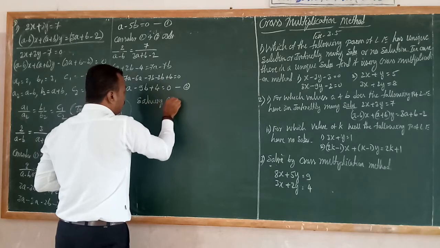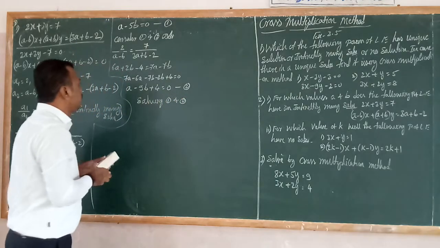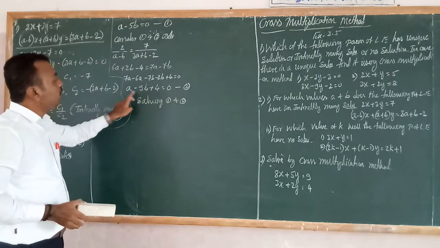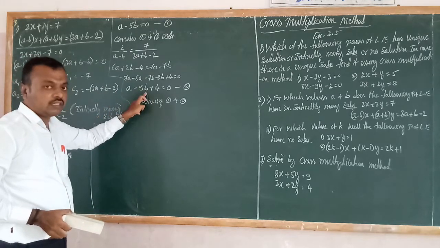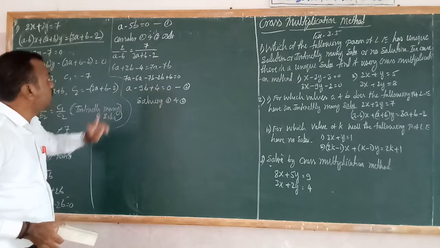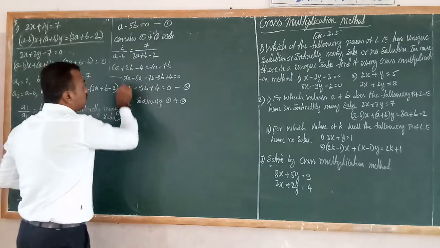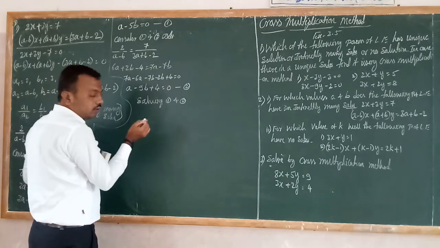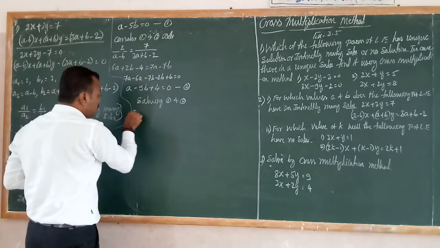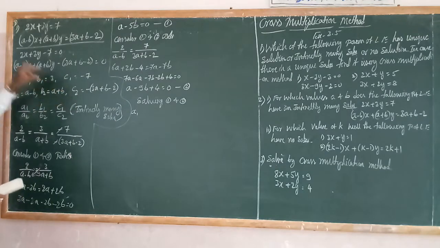Dear students, in the x and y formula, instead of x, A is there and instead of y, B is there. Yes, now first of all, the first and second equations we have to write in the A1, A2, B1, B2 form. So this A1, B1, C1 are the values of the given equations.